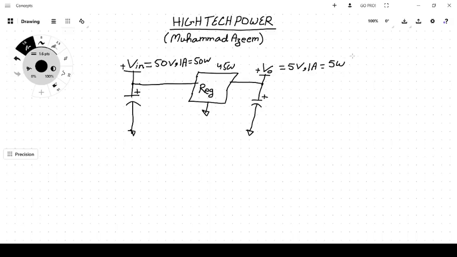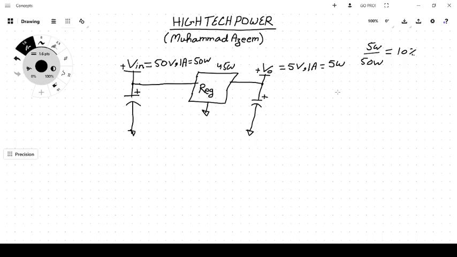If we calculate the efficiency, 5 watt over 50 watt is equal to only 10%. So our linear regulator in this case is only 10% efficient, which is a very small efficiency.